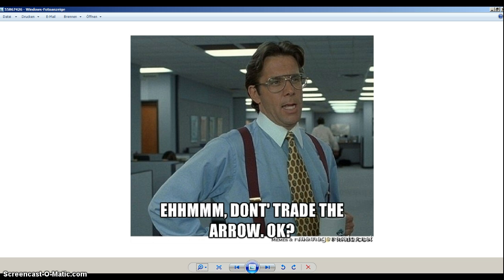As you can see from the picture on the screen, don't trade the arrow, okay? We are all here to learn how to trade, how to use strategies for our trading, how to use systems for our trading, but we are not the kind of people that blindly follow any arrow on any chart, okay? You will blow your account on this.